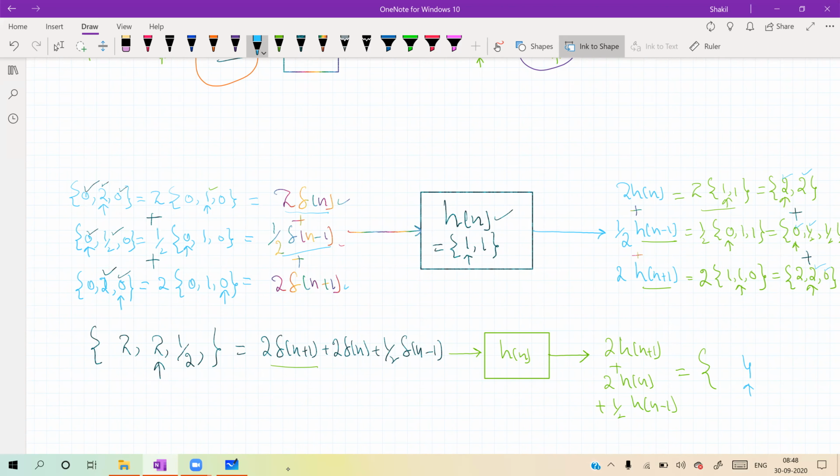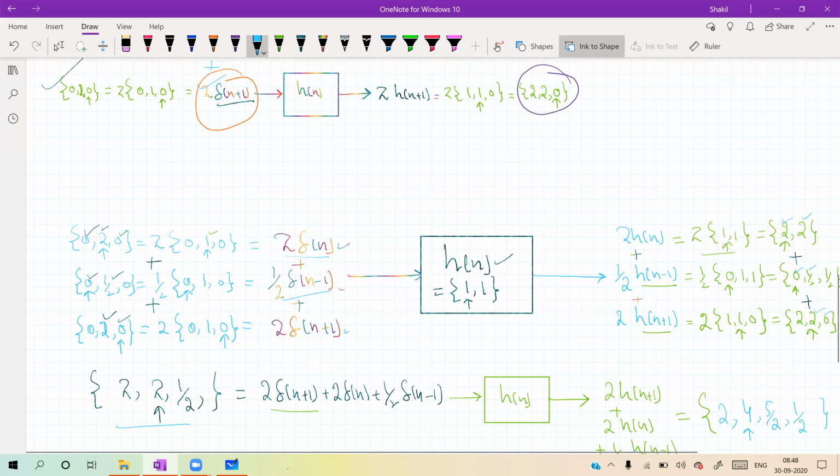So 2 plus 1 by 2 will be 2.5, that's 5 by 2. Then n equal to 2: it is 0 here, 1 by 2 here, and 0 again here, so this will be 1 by 2. And the rest of the samples are 0. In the same way, n equal to minus 1 is 0 here, 0 here, and 2 here. So this is the output when the input to the system is this.